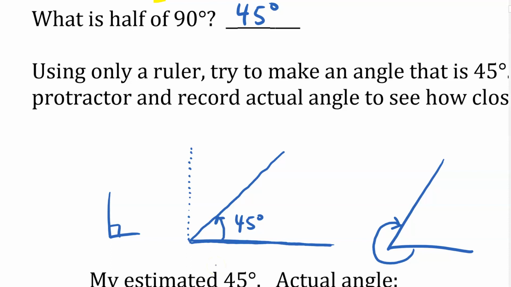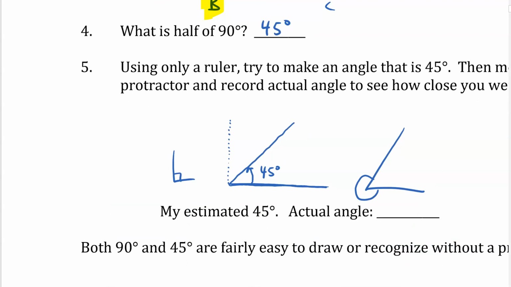And sometimes you're going to have an arrow, and sometimes they're just going to draw it something like this. So in this case, the one on the left is 45 degrees. The one on the right is much more than 45 degrees. It's a lot of rotation. Okay, so it says my estimated 45 degrees, actual angle. So this is the part where if you do have a protractor, you could get it out and write it in there.